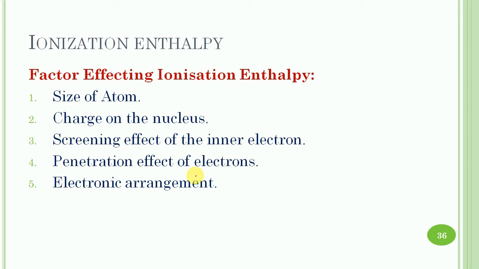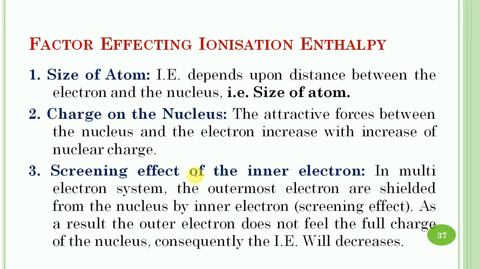So the first one is the size of the atom. Ionization enthalpy depends upon the distance between the nucleus and electrons, that is, the size of the atom. If the size of the atom is small, then the attractive force between electron and nucleus is large.